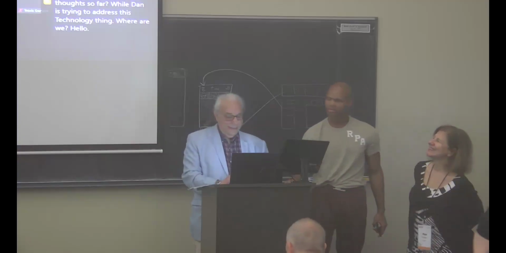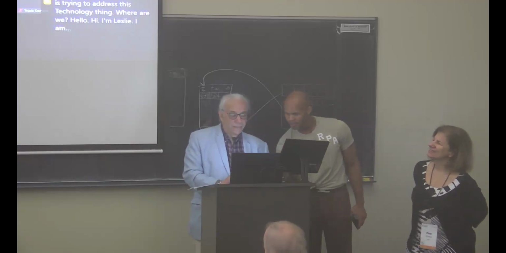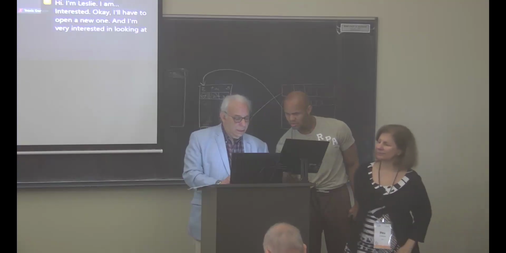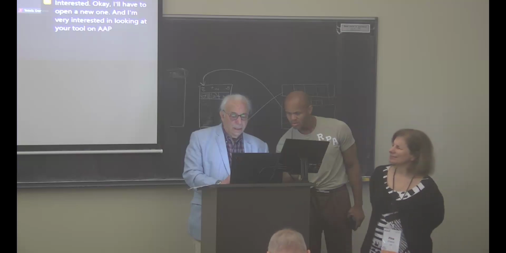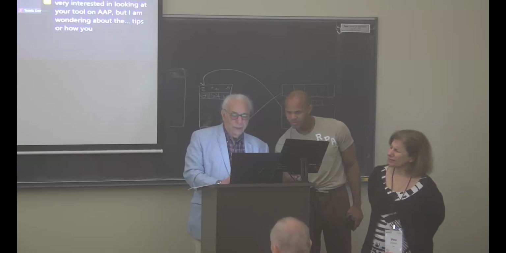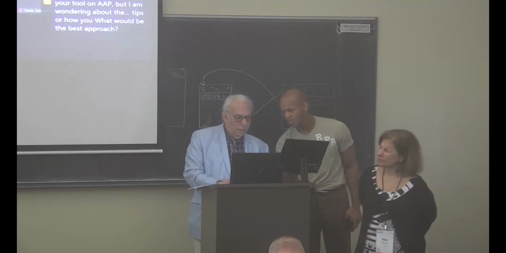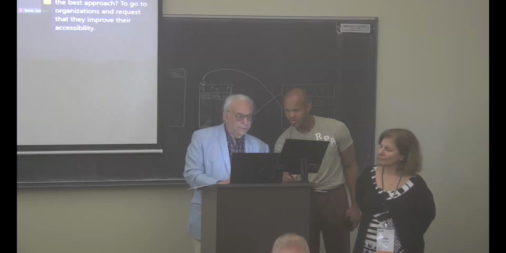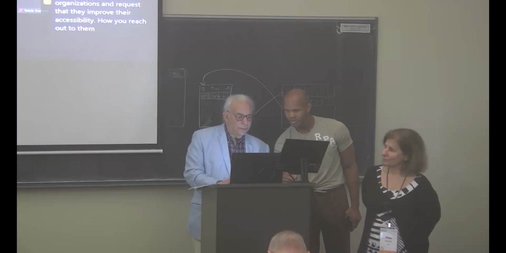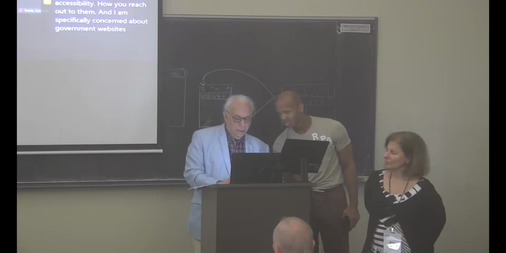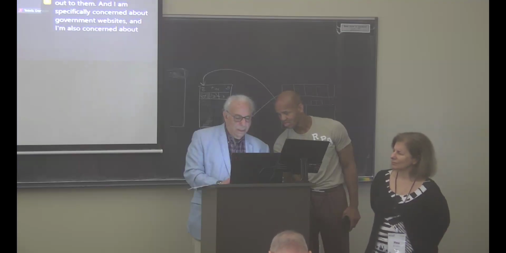Hi. I'm Leslie, and I'm very interested in looking at your tool on AAP, but I am wondering what would be the best approach to go to organizations and request that they improve their accessibility, how you reach out to them. I am specifically concerned about government websites, and I'm also concerned about the election information on government websites, that's of special interest to me.